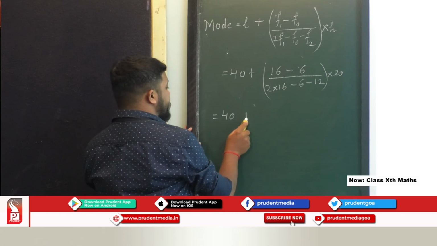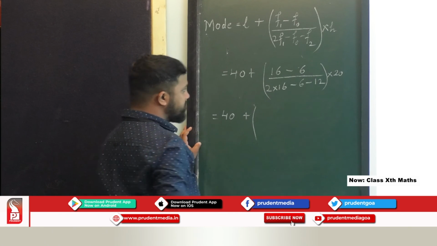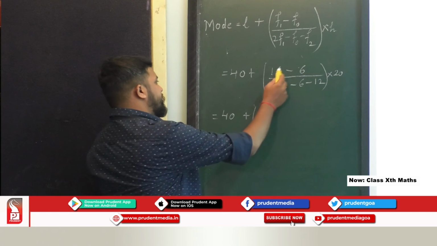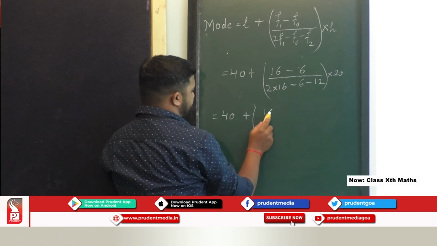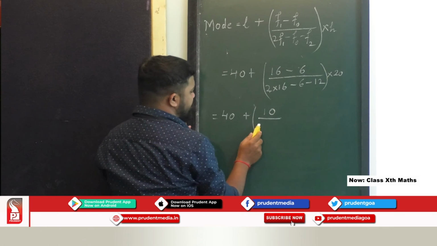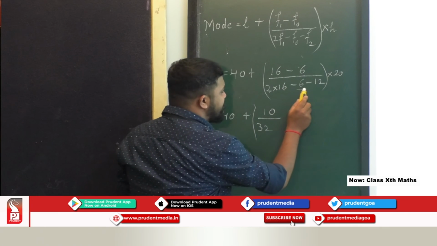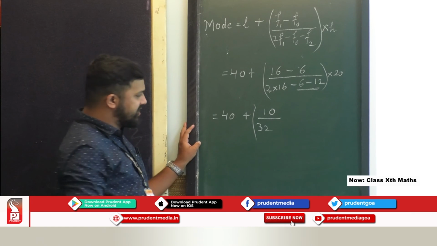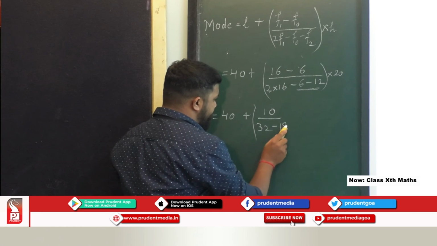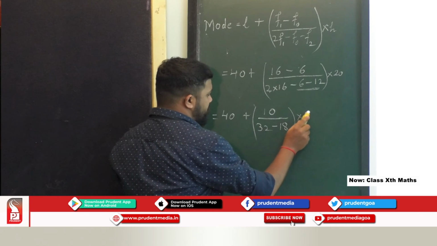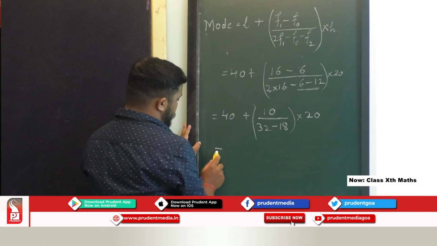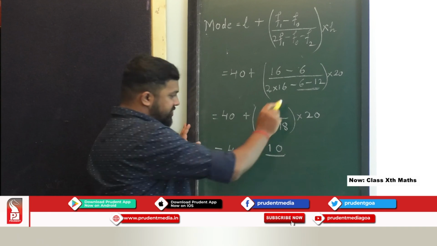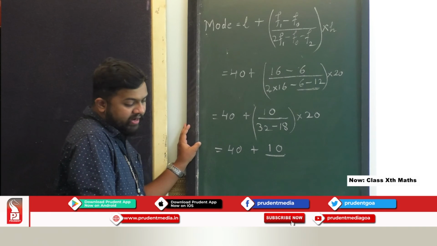40 plus, let's subtract the numbers, 16 minus 6, 10. 16 twos are 32, then I add these two numbers first, minus 6 minus 12. So minus 6 minus 12 is minus 18, height 20. 40 plus 10, subtract this number now, that is 32 minus 18.